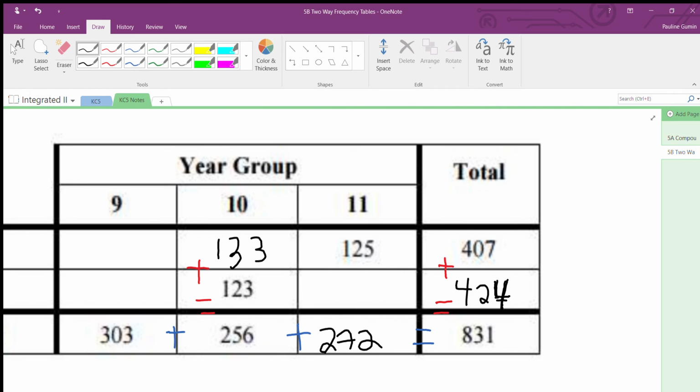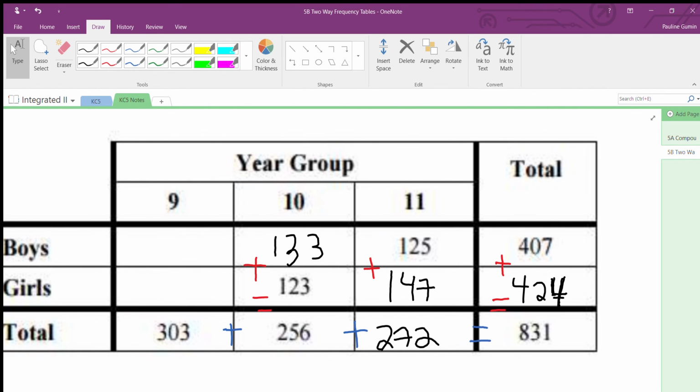That gives me an opportunity to find out how many girls are in 11th grade. 125 plus something gives me 272. So I do 272 minus 125. I get 147. I know, there's so much. We're almost done. We just got to find out the 9th graders. And we can do that by looking, again, horizontally.